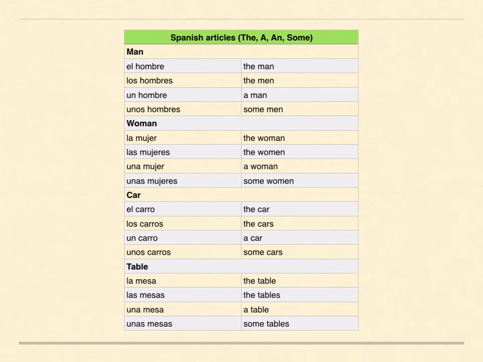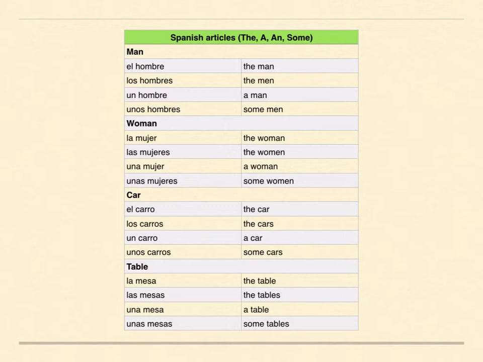Alright, so some examples with these articles. Let's start off with the noun man. If we wanted to say the man, we'll notice the word hombre. Hombre is singular, and it's also masculine. So we'll choose el if we want to express the. So el hombre, the man.